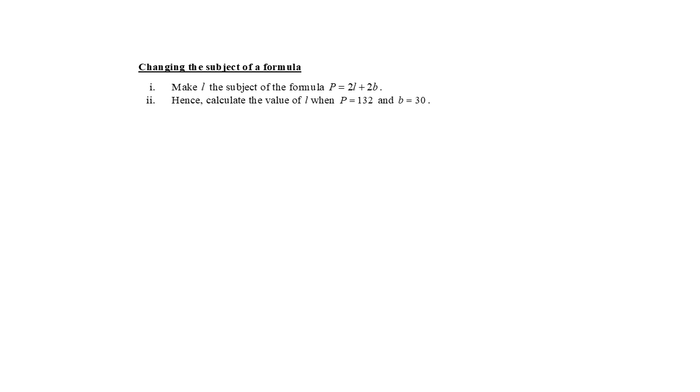So let's look at this example where P equals 2L plus 2B. The question says to make L the subject of the formula. In other words, I want my L to be on the left-hand side of my formula, and I want L to be the only letter there.